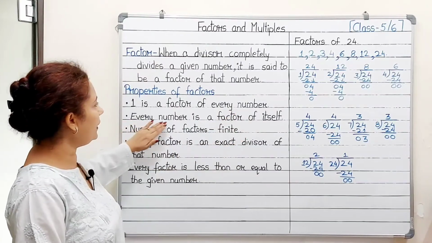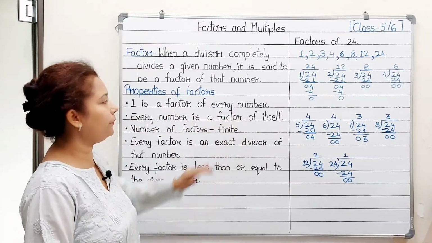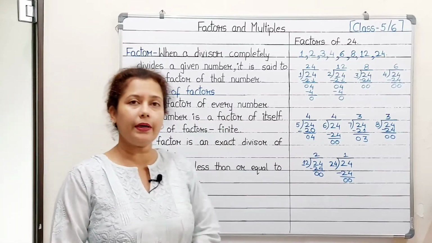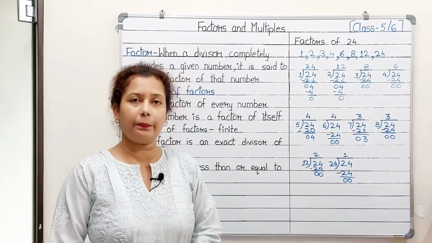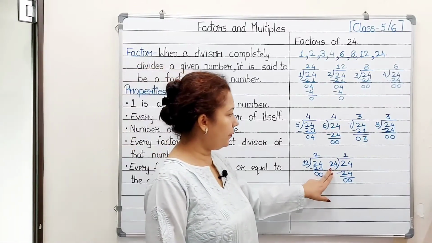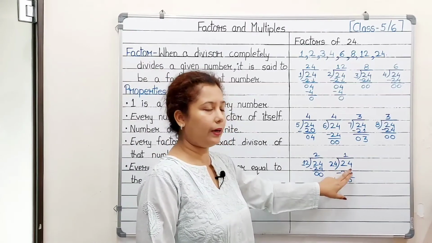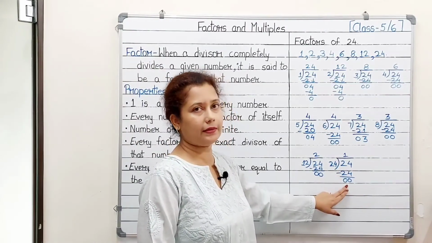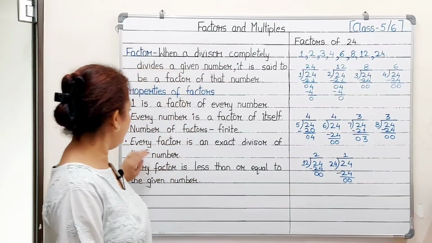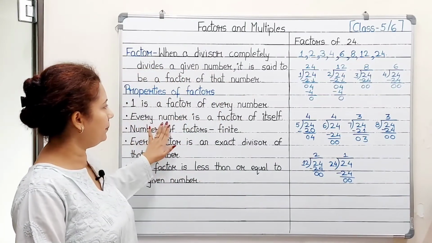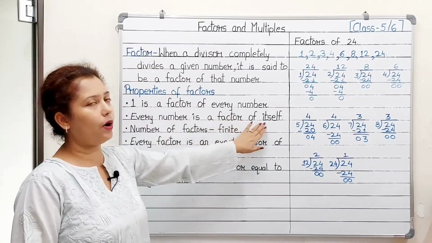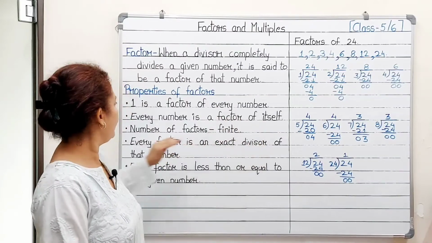Next is that every number is a factor of itself. So a number can divide itself completely. Here 24 can divide 24 completely with 0 as a remainder. So we say that every number is a factor of itself.